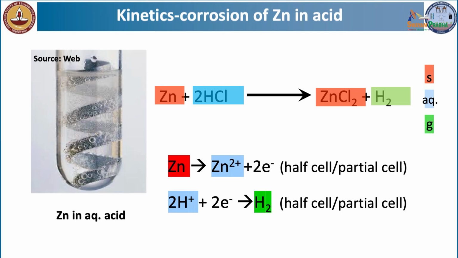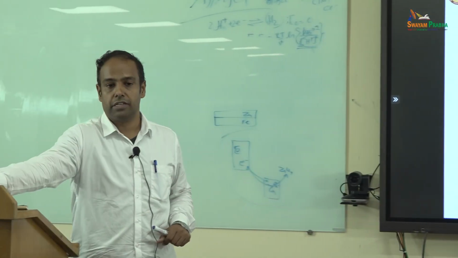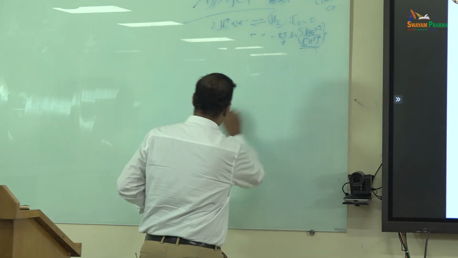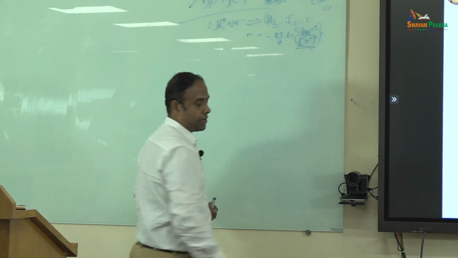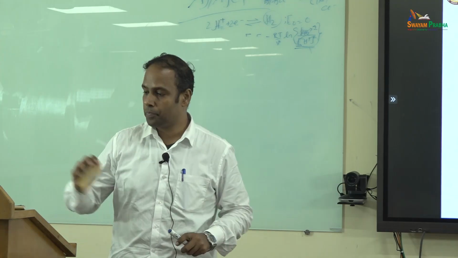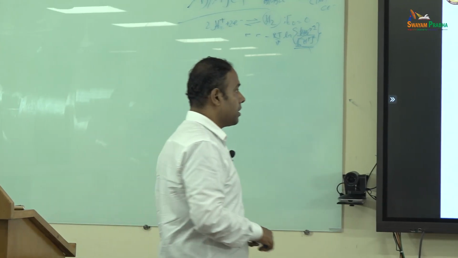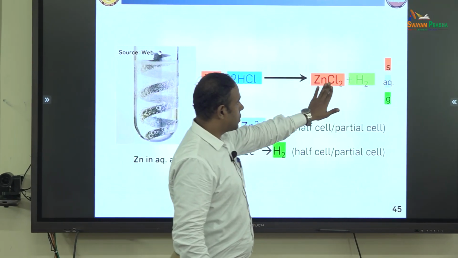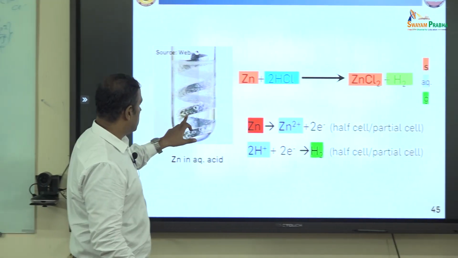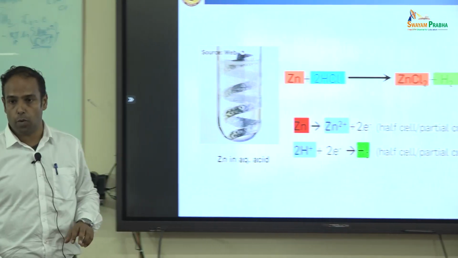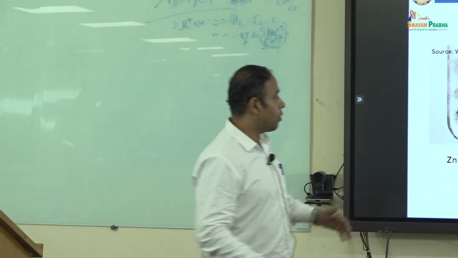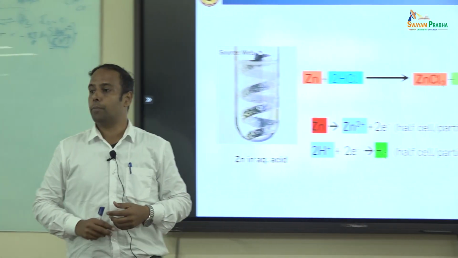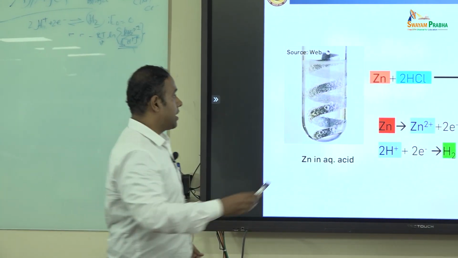A glance into it. Assume this is the reaction: zinc is dissolved in HCl. We all know that after a certain period of time, the zinc turning which I have put in the test tube will be gone. You will not be able to see it. This is the overall reaction, with solid, aqueous, solid and gaseous phases. On the same surface you will see hydrogen evolving, and this overall reaction can be divided into half cells or partial reactions.